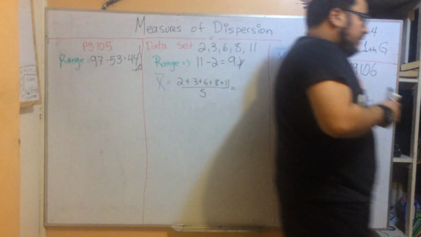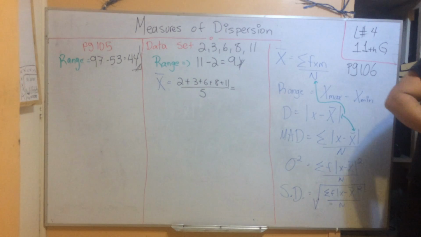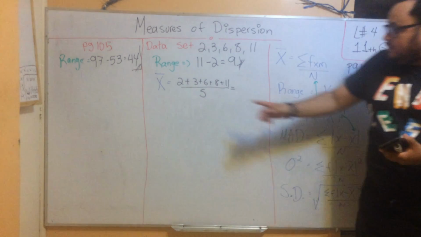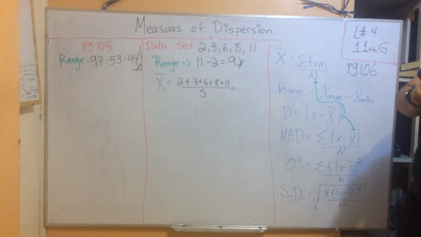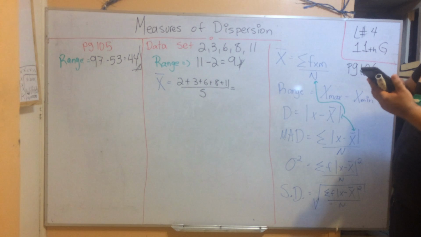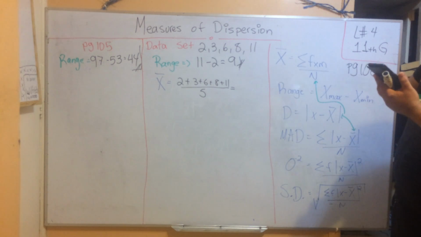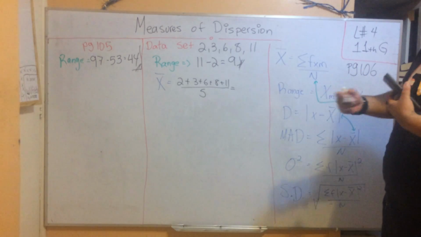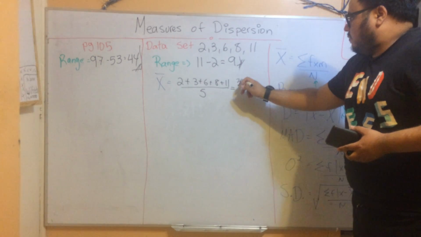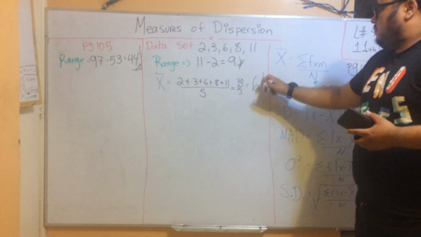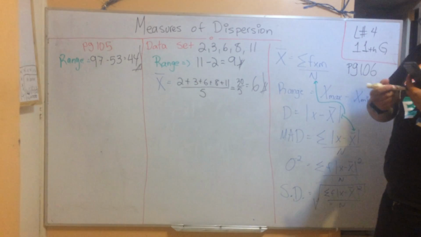So we need to add all of these numbers and divide by 5. With our calculators, 2 plus 3 plus 6 plus 8 plus 11 equals 30. 30 divided by 5 is 6.